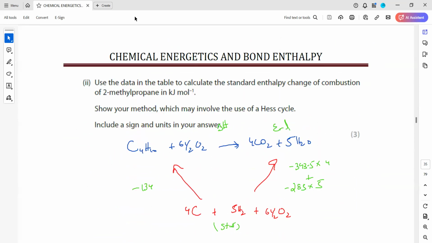According to Hess's law, the overall energy change is independent of route. So going from elements to reactant to product will be the same as going from elements directly to the product.